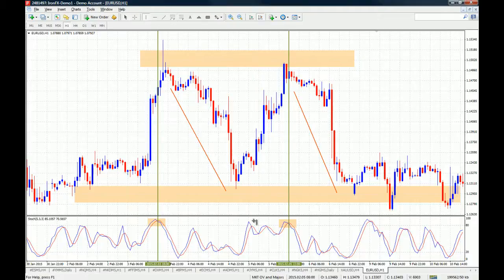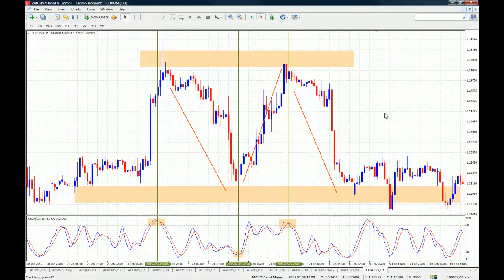We have the bullish crossover at this spot right here. And when we have the bullish crossover and the oscillator crosses above the 20 level, we have the price movement that follows to these levels of resistance.